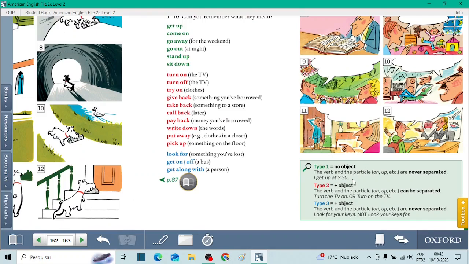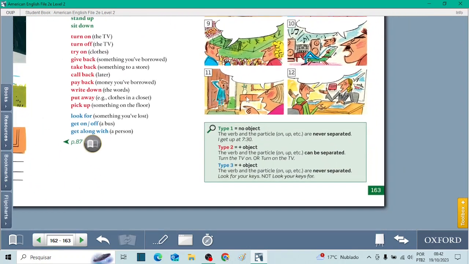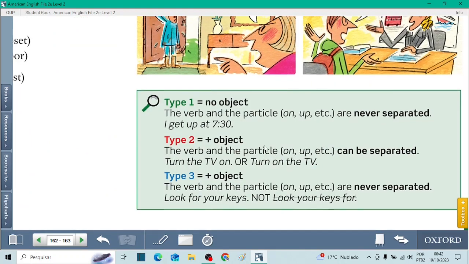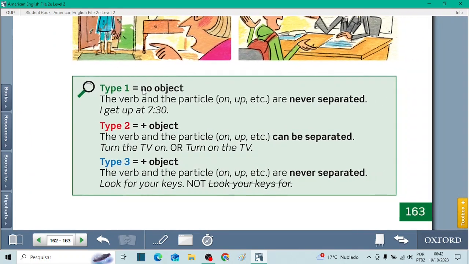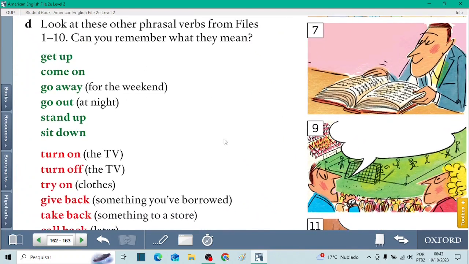Here it's important for you to notice the green section, type 1. These are phrasal verbs where we don't use an object after them. For example, the verb and the particle, on, up, etc., are never separated. I get up. So here, for example, these verbs: I get up, come on, go away, stand up, sit down.